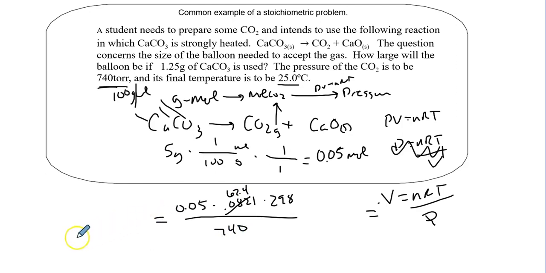And now we should get our volume to maintain that pressure with that gas in there. 0.05 times 62.4 times 298 divided by 740, and I get 1.25 liters. 1.25 liters. Alright, and there we go.